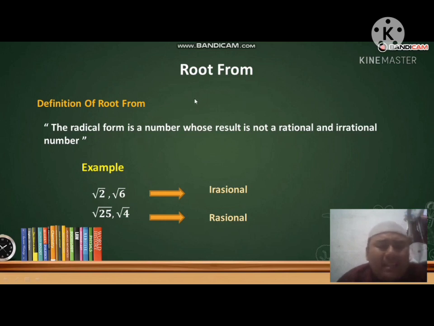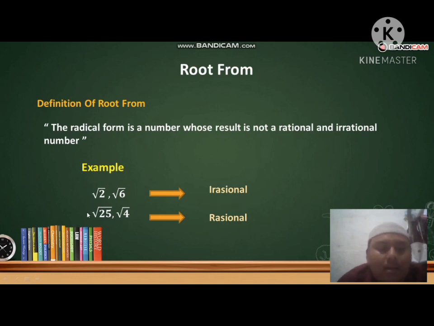What is the root form? The definition of the root form, or radical form, is a number whose result is not always rational; it can be irrational. Examples of root form are the square root of 2 and the square root of 6, which are irrational because the decimal never stops.